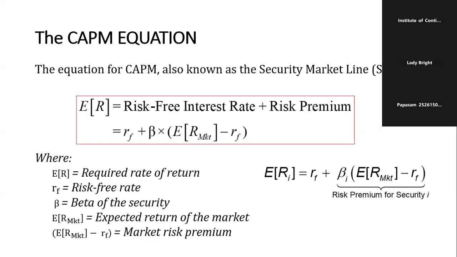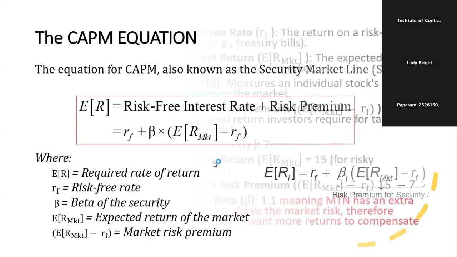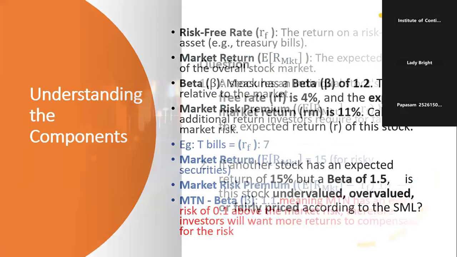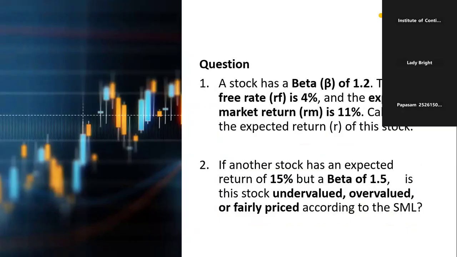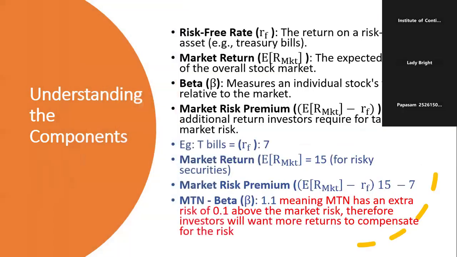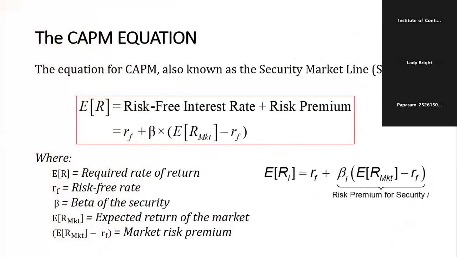Right. So now that we have the explanation of CAPM's formula, we will move on to see how to apply it. The formula is very straightforward. Please copy the formula. I forgot to let you copy. If you've copied already, should I move?